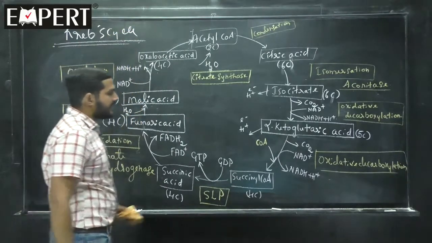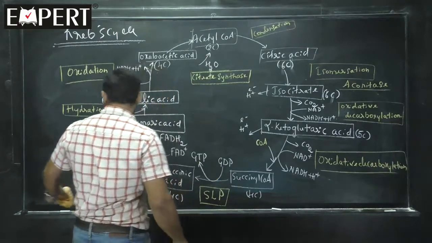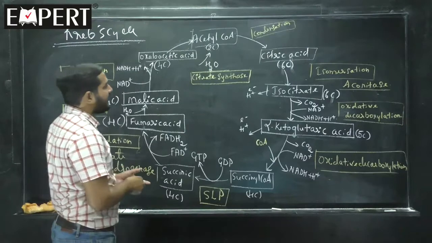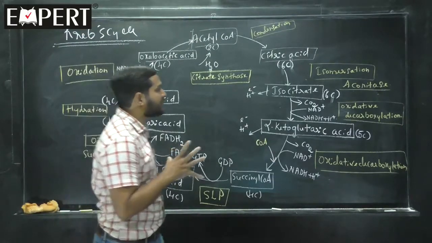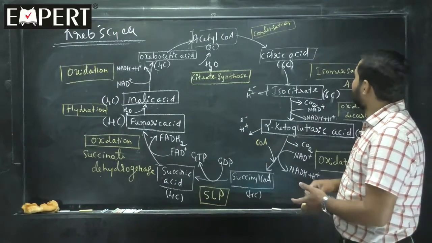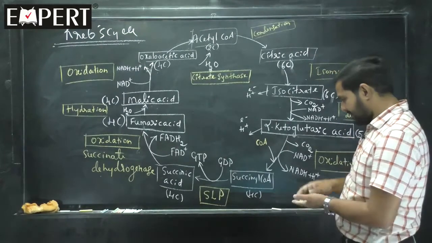I will be explaining it once again now. But before I explain, students, I just want to write a mnemonic for you so that you can remember it very easily.